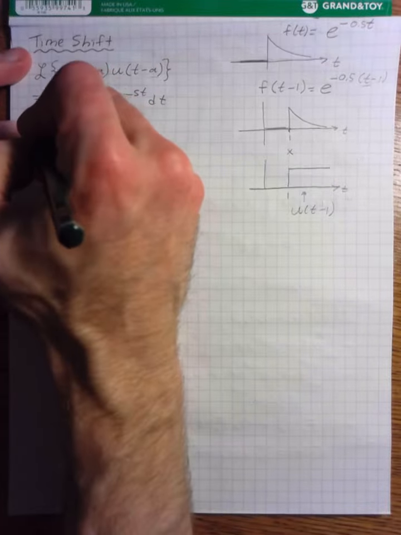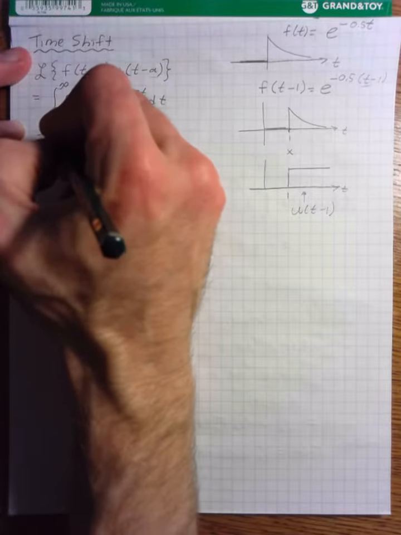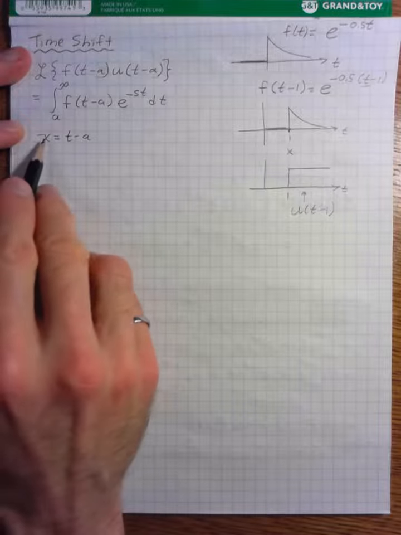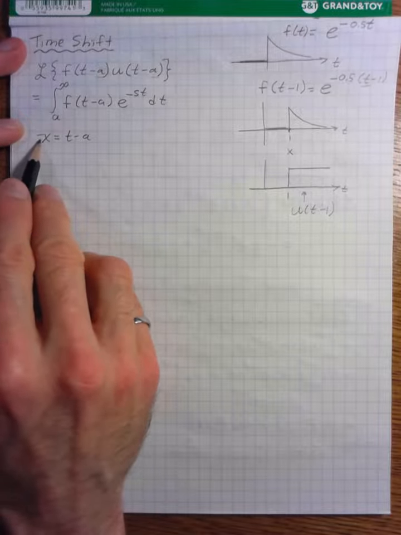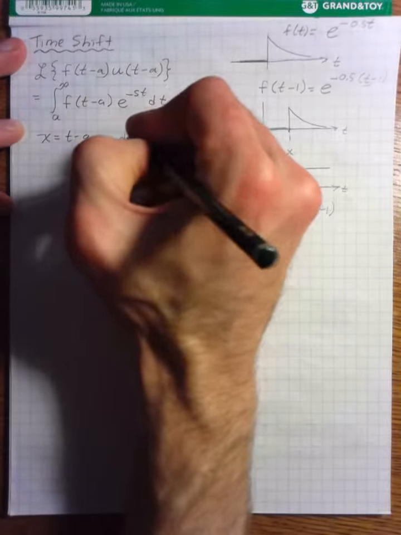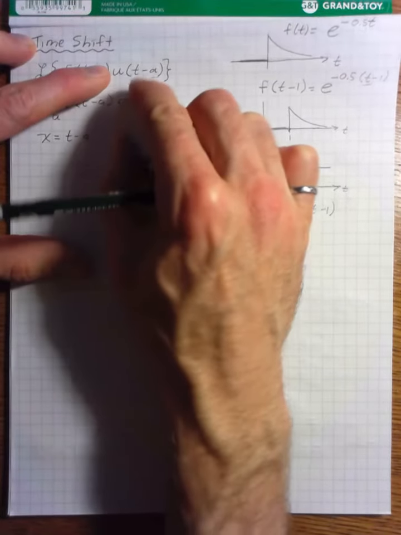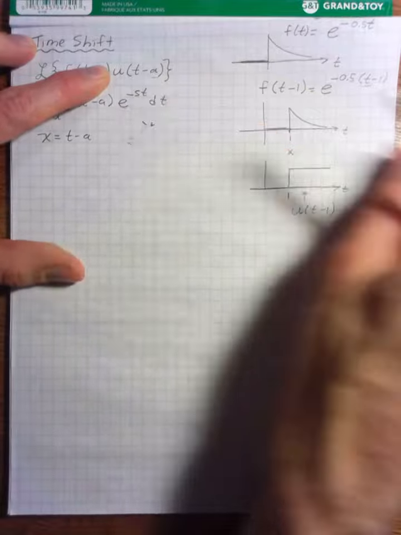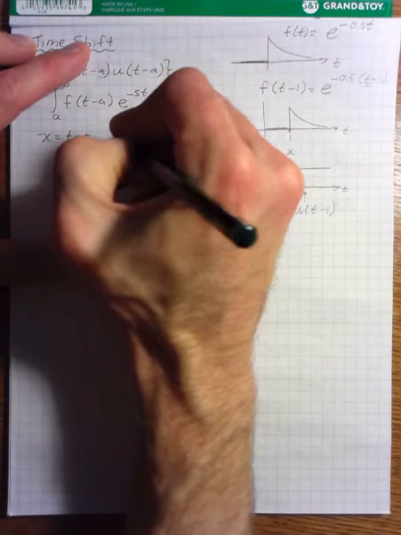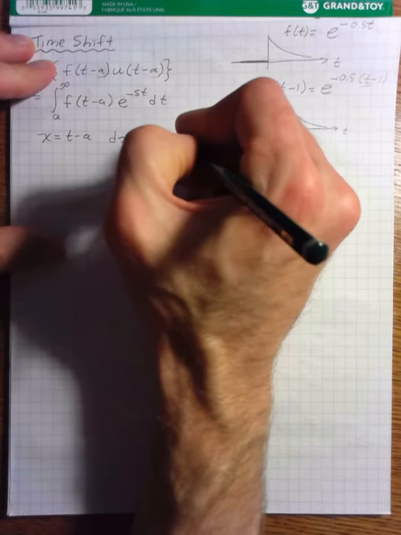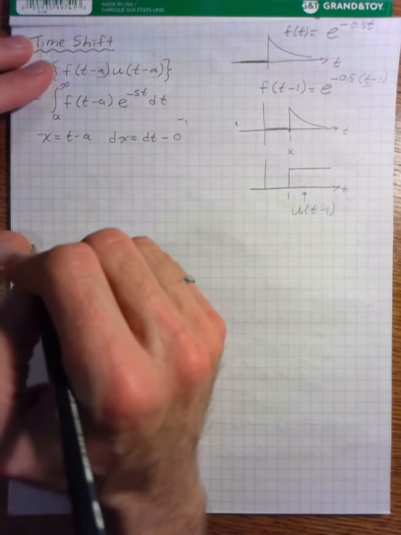Let's define the variable x as being equal to t minus a. When we take the derivative of both sides, we get dx is equal to dt minus 0, right? Because a is a constant.